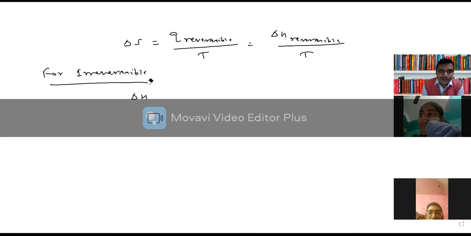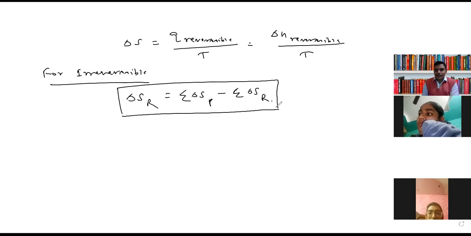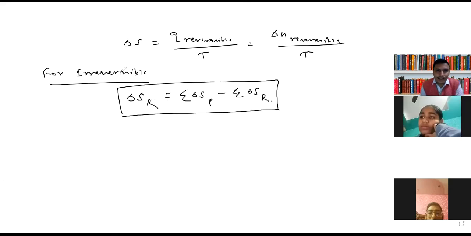The entropy change of the reaction will be summation of entropy change of products minus summation of entropy change of reactants. This is all about that. Okay. Total product minus reactant, you will do. That will be for the irreversible process. This is all about the entropy for the reversible as well as the irreversible.